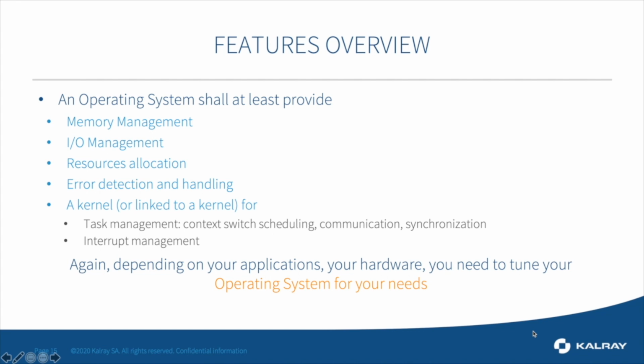Resource allocation, which means that you can have access to the different types of features or peripherals that the hardware and ECU is providing, helping you in understanding what errors or issues are popping up in the system, and obviously providing a kernel, or being linked with a kernel, that is taking care of the task management.